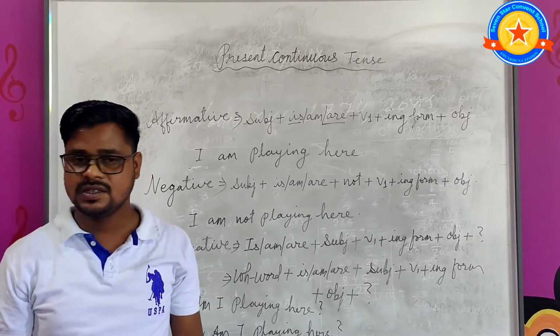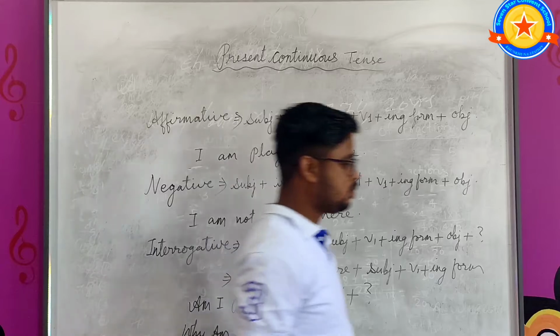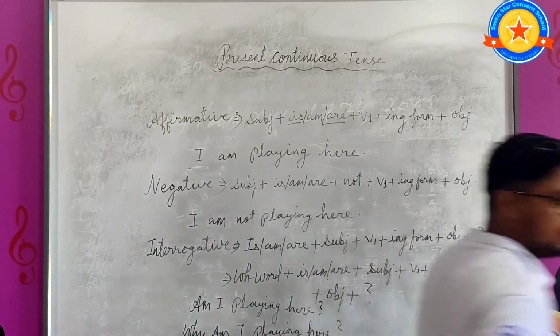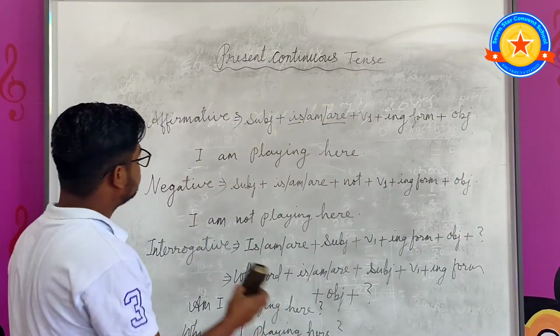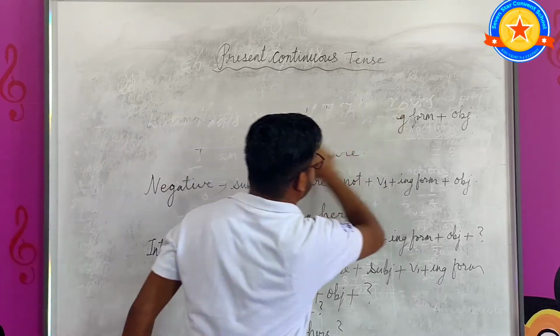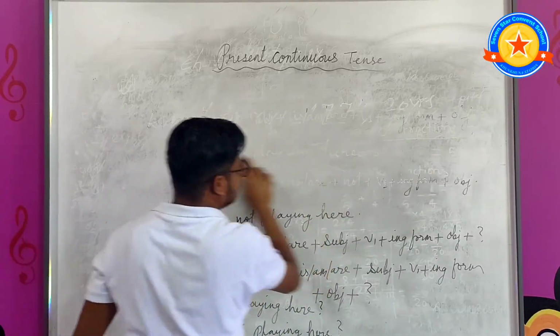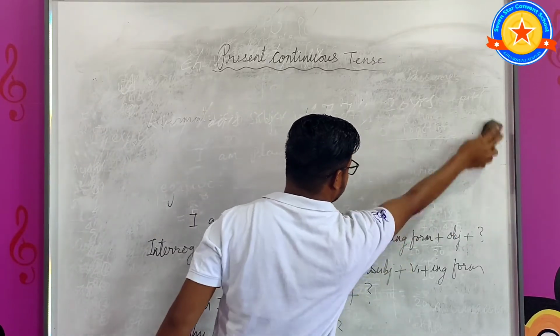So the next is negative interrogative sentence. How to form a negative interrogative sentence?